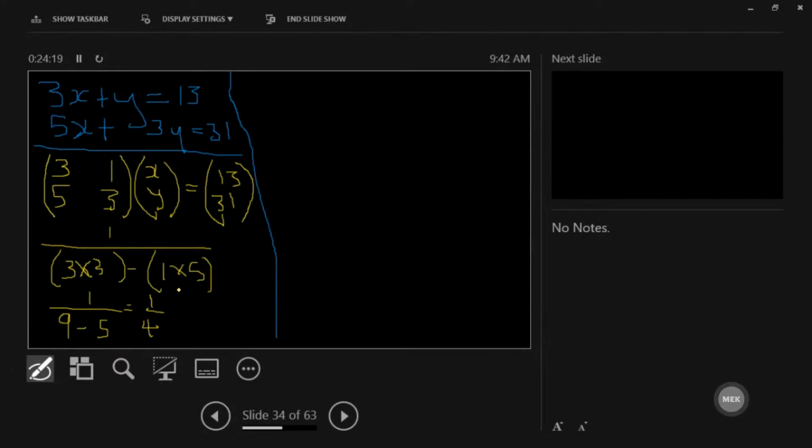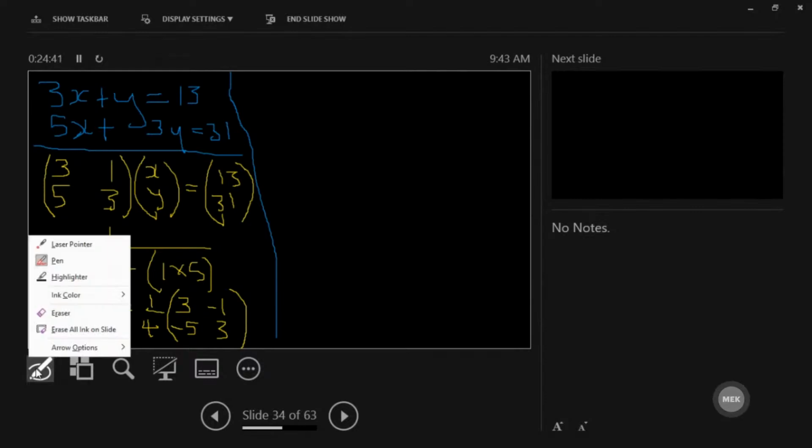And we're going to multiply that by the adjoint, which is switching the A and D, but they are the same, and changing the sign of the B and the C. So the positive 1 and positive 5 become -1, -5.